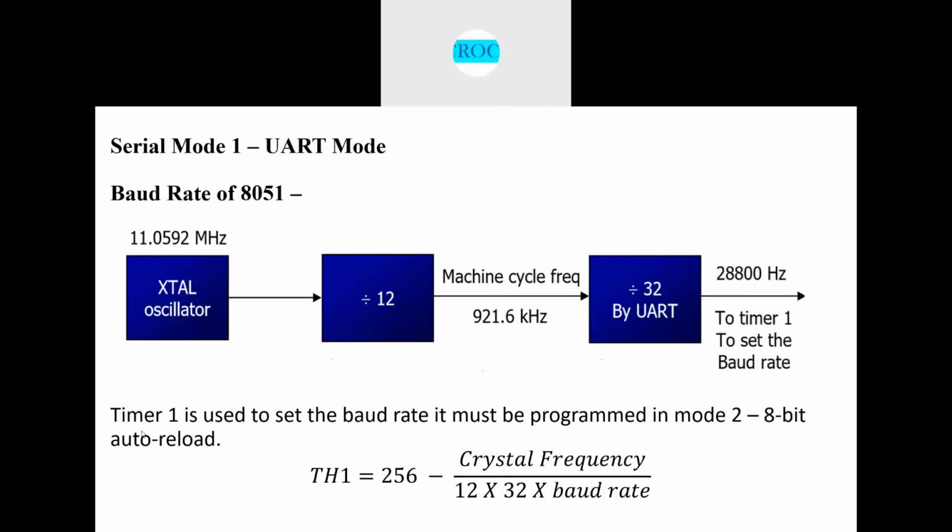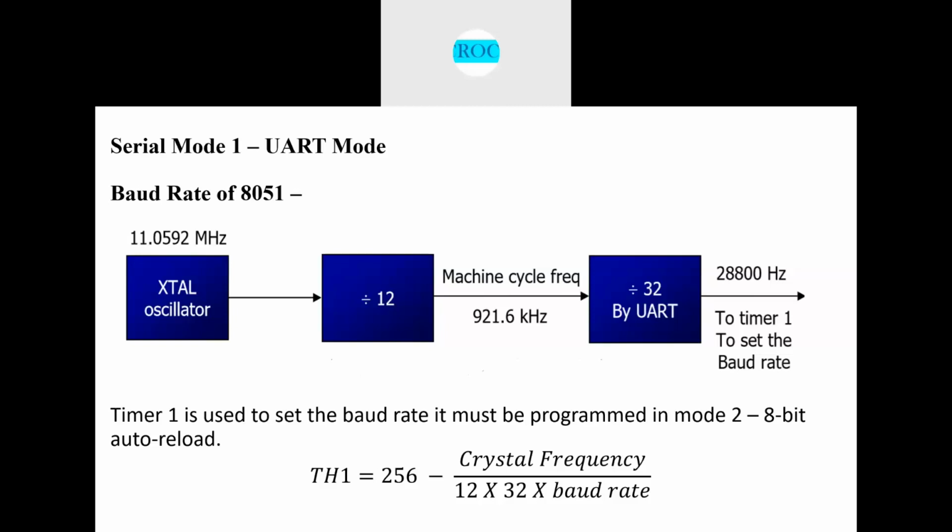Here timer 1 is used to set the baud rate, and the mode in which the timer is selected is mode 2. We know about timer 1 operating in mode 2, which is 8-bit auto reload. When I say 8-bit auto reload, only the higher byte register TH1 is loaded with the initial count value, and whenever it resets, the lower byte register is reloaded with the initial count value, copied from the higher byte register.